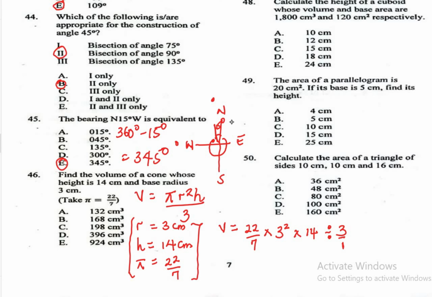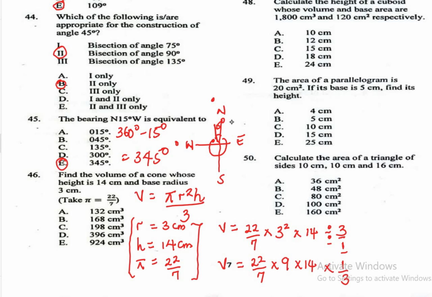Now KCF means volume will give us 22/7 times 3 squared. 3 times 3 is 9 times 14. Keep this, change this division to times, and you flip these values. So we have 1 up, 3 down.